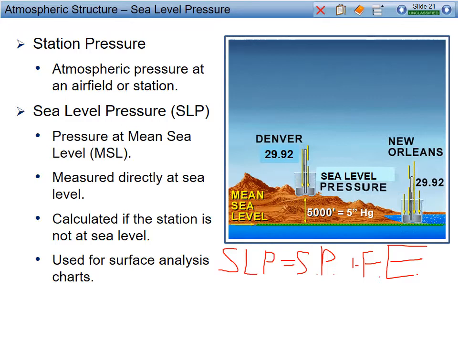In this case, the station pressure at Denver would be 24.92, plus the field elevation converted to inches of mercury. 5,000 feet equals 5 inches of mercury. So we add 5 and we get an equivalent sea level pressure of 29.92.